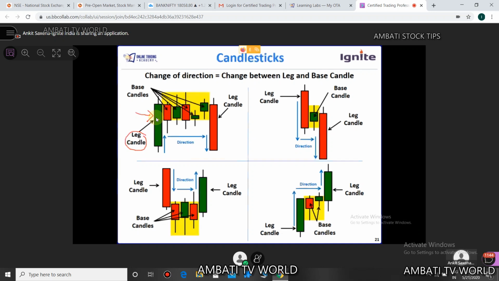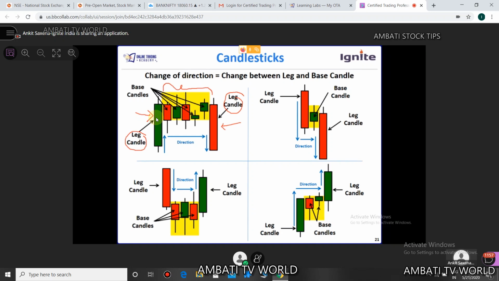Similarly, see this red candle. How is the body of this red candle? It's huge, it's big, right? Now, see all these candles here. The bodies are small here.